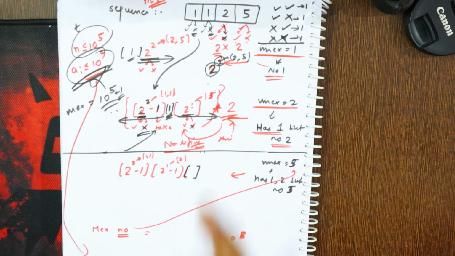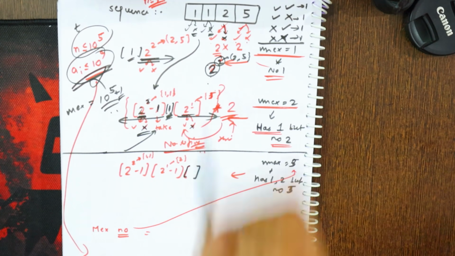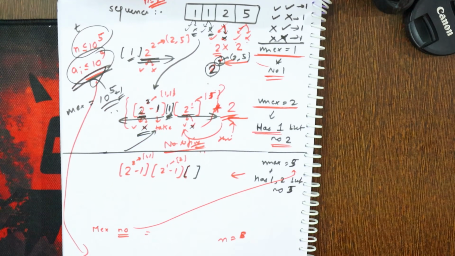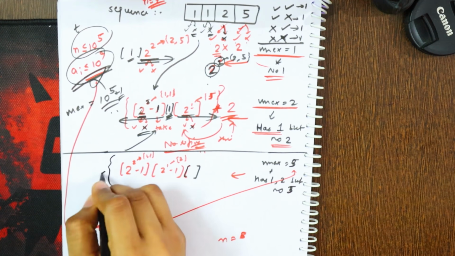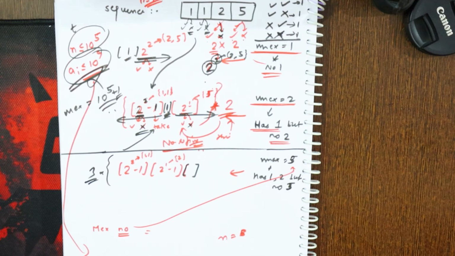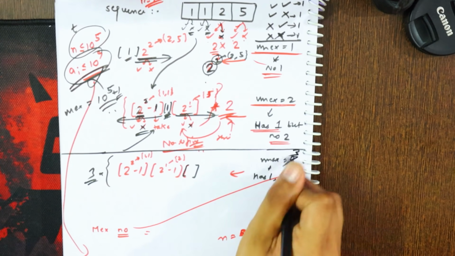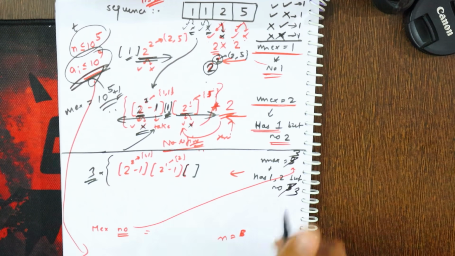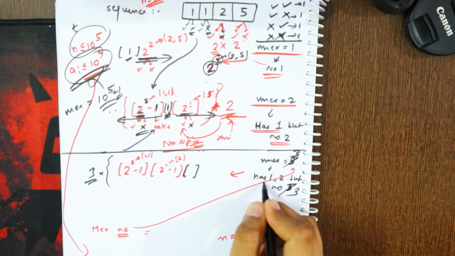But actually in this case, I am having 1, I am having 2, but I am not having 3. So the MEX value of this will be multiplied by 3 and not 5. But if it had been 3, let's suppose for now if it had been 3, now what we'll be having is that we should be having 1.